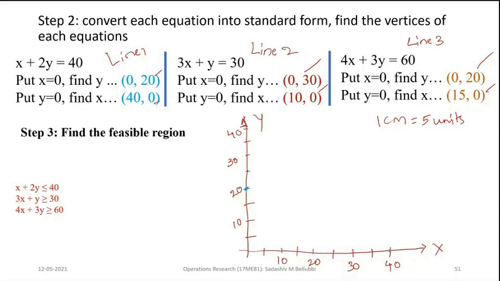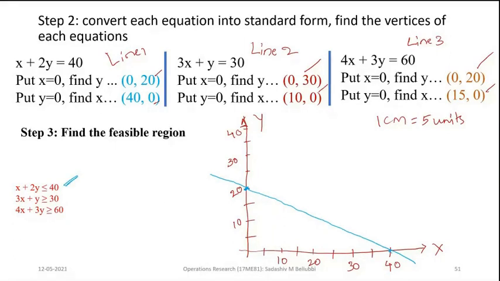Now we join these points. In the problem statement, x plus 2y is less than or equal to 40.